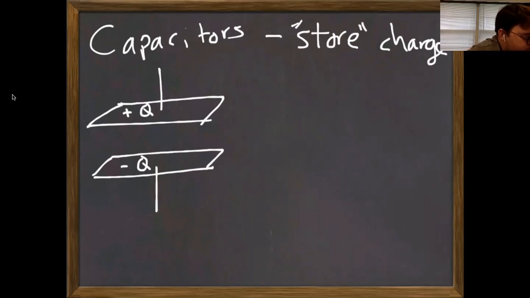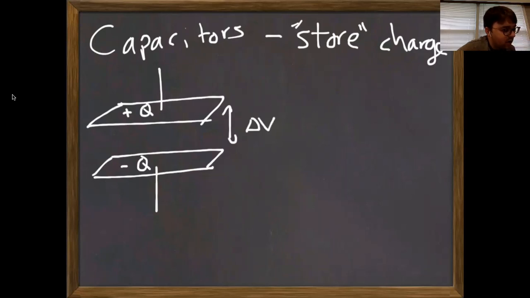That's one example of a capacitor, but there are other types. So in general, a capacitor is anything that stores charge, that lets a certain amount of plus Q and minus Q build up. And when it does that, there is an associated potential difference, voltage, delta V, between the two ends of the capacitor.